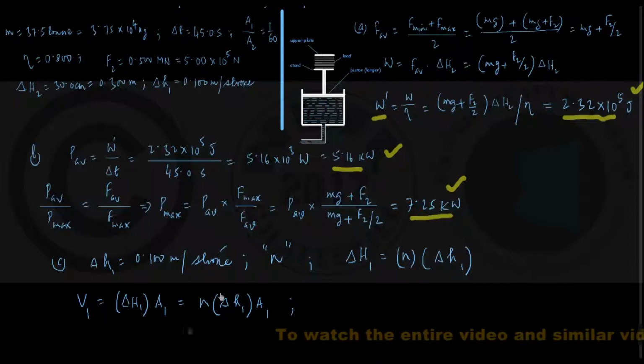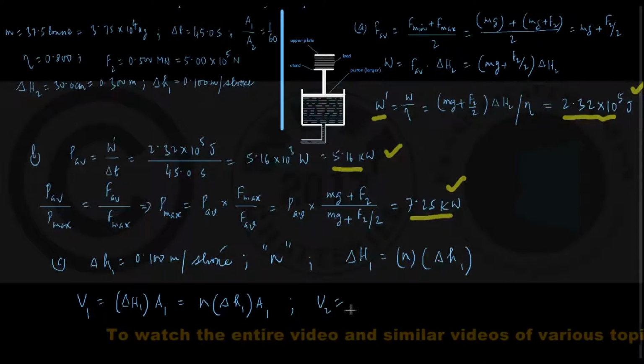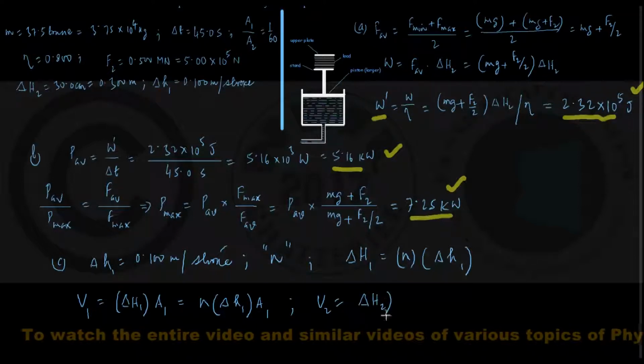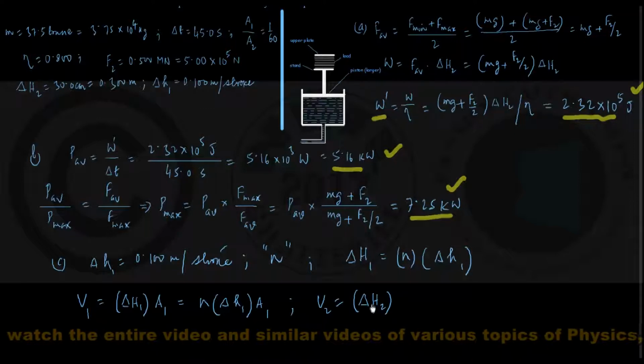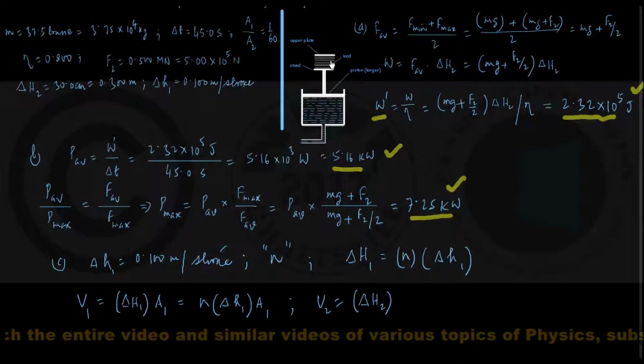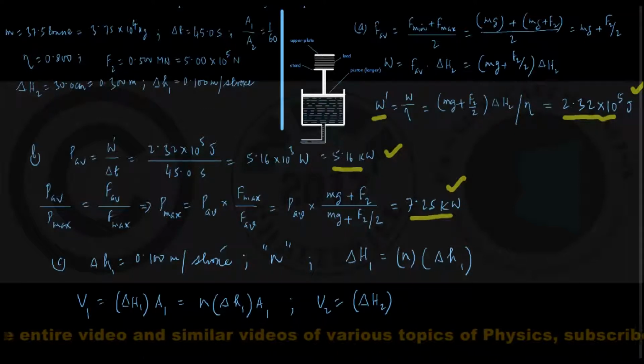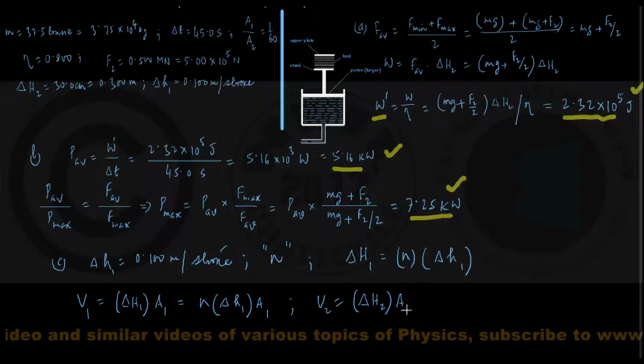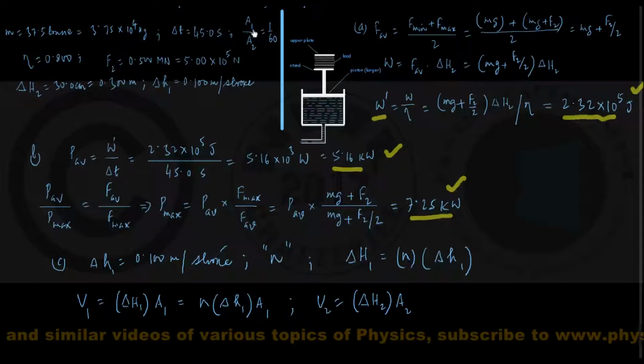Now come to the right side piston in this wider cylinder. The volume of hydraulic oil displaced, V2, is equal to delta H2, that is the final displacement of this piston in the upward direction, multiplied by the cross-sectional area of this piston that was taken to be A2 earlier in my writing.